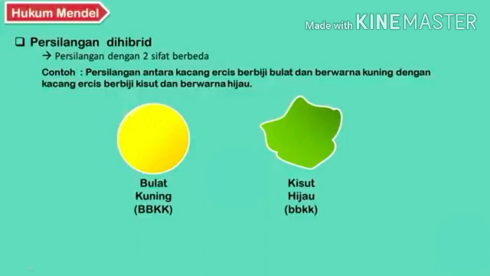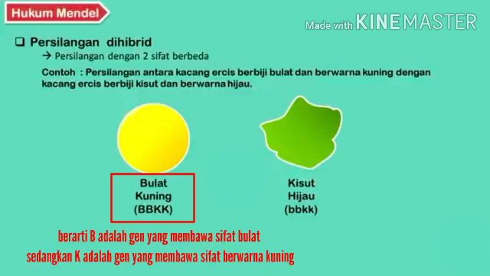The round and yellow one, let's say that the gene is BBKK. It means B big is a gene that carries round traits, while K big is a gene that carries a yellow trait.